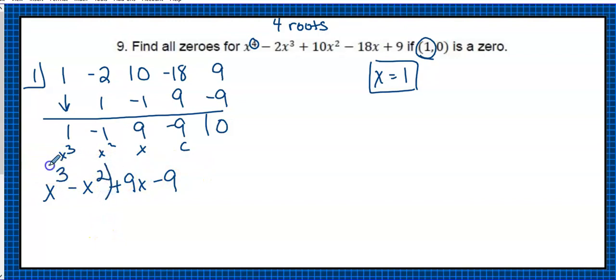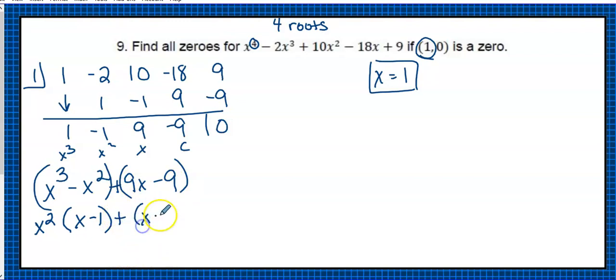So we ended up with 4 terms, and we were able to group those. So let's group these like this. And what I'm going to do is pull out the GCF. So the GCF of x cubed and x squared is x squared. And then I have x minus 1 in parentheses. If I pull out a 9 here, I have x minus 1 in parentheses. Whoops, didn't put my 9 there.